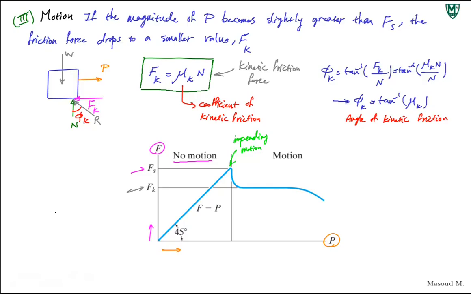So if you want to measure friction in your system from the moment you start applying force P and you increase that force until the motion starts, this is what you get when you plot friction versus force P. It increases, friction gets to a maximum at the impending motion moment, and after that it drops and you get Fk.